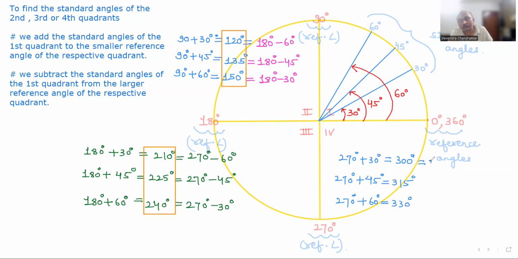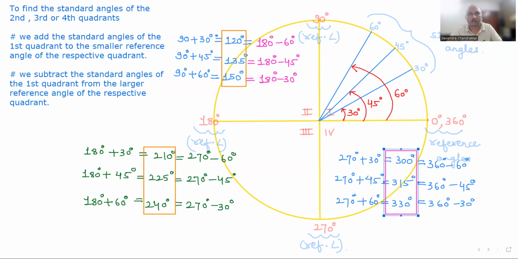You can get it by subtracting these standard angles from the larger one. So this is how you got these angles. I hope this is clear to all of you. Yes or no? Yes, sir. Noted? Yes, sir. Okay, good.